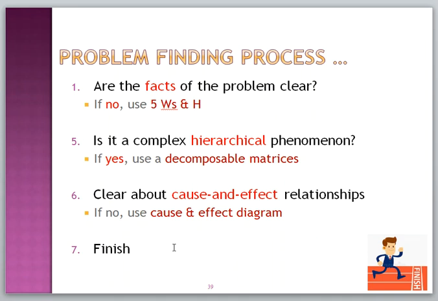If you are talking about a problem that has facts that need to be considered, how about the 5 W's and an H? Layer 5 questions. If you have something complicated and have subsystems and subcomponents, how about the decomposable matrices? If you have a problem that has cause and effect and causes for the causes, and you need to investigate the roots of a problem, then how about the fishbone and cause and effect diagram?